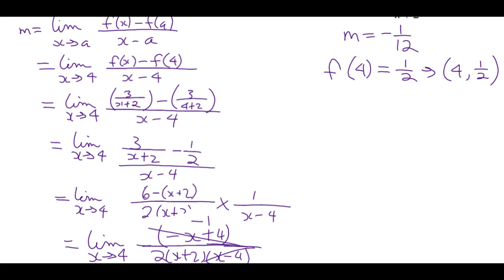What do you want to use? Should we use y equals mx plus b this time, just for the heck of it? Some people like that. It's whatever you like, it's six of one, half a dozen of the other. So 1/2 is equal to negative 1/12 x plus b.